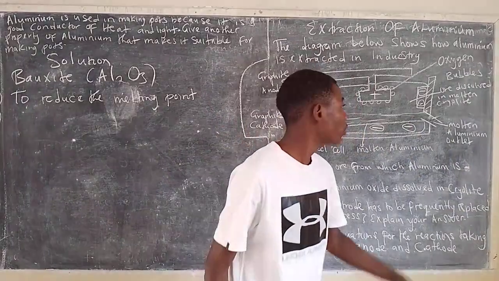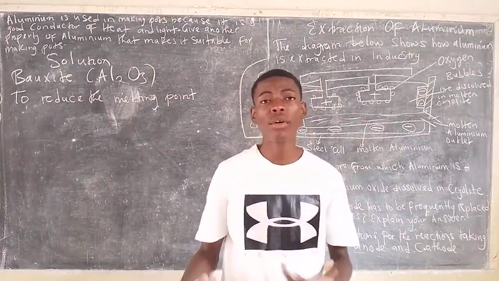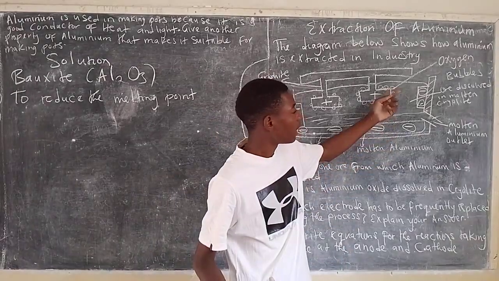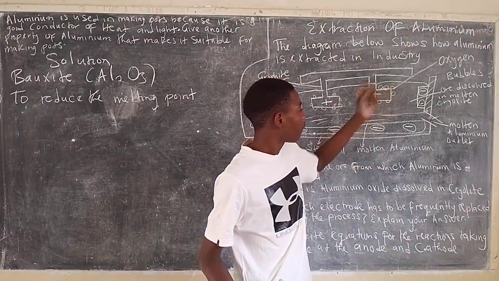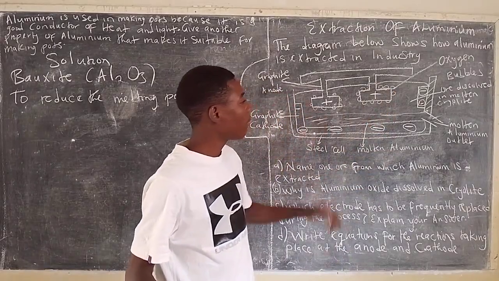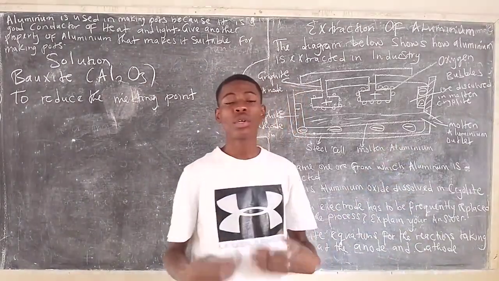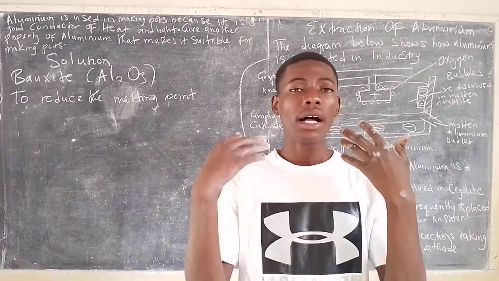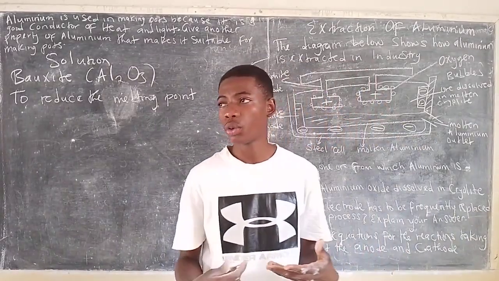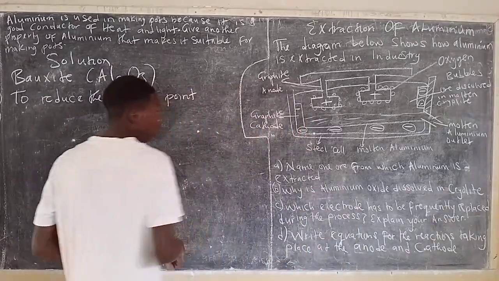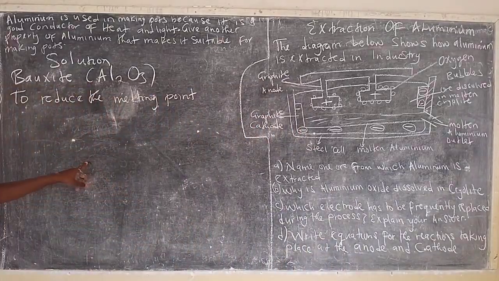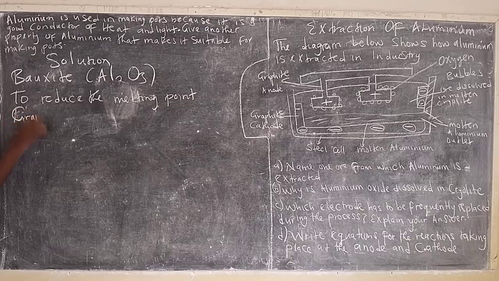Carbon is able to react with oxygen to form carbon dioxide, so the graphite anode will more or less evaporate since it is being converted to a gas. So it has to be frequently replaced so that such a situation does not take place. To answer C, we are just going to say the anode, or we can say the graphite anode.